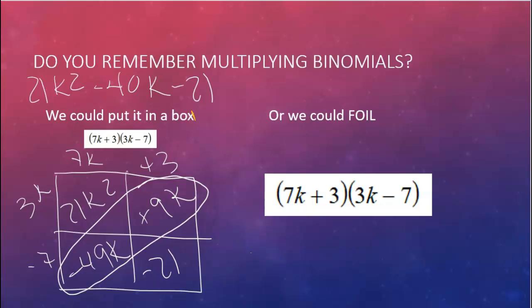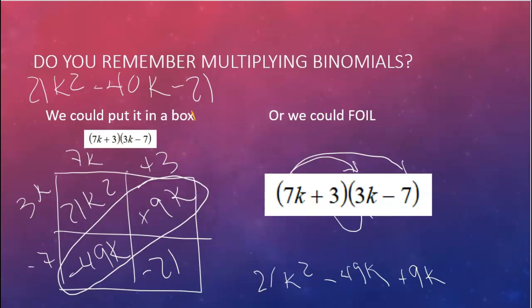Or you may have foiled. Some people like to foil. 7k times 3k, that's 21k squared. That's the first. Outside, 7k times negative 7 is negative 49k. Inside, 3 times 3k is positive 9k.